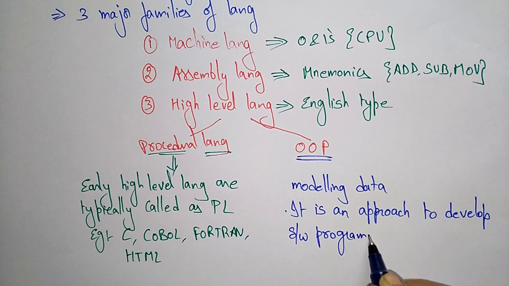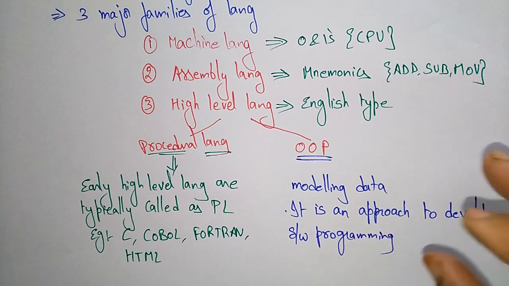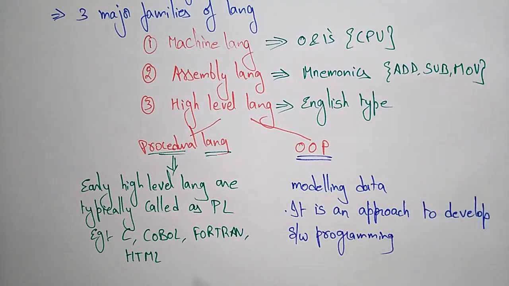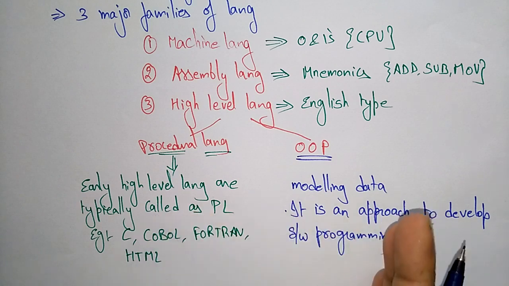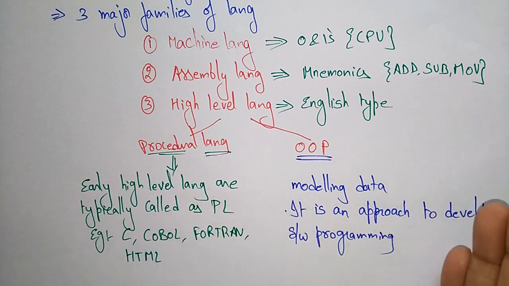Nowadays everyone prefers to work on object oriented programming. In earlier days, everyone preferred procedural language. After that they introduced the object oriented programming language. So it is an approach to develop all the software programs.